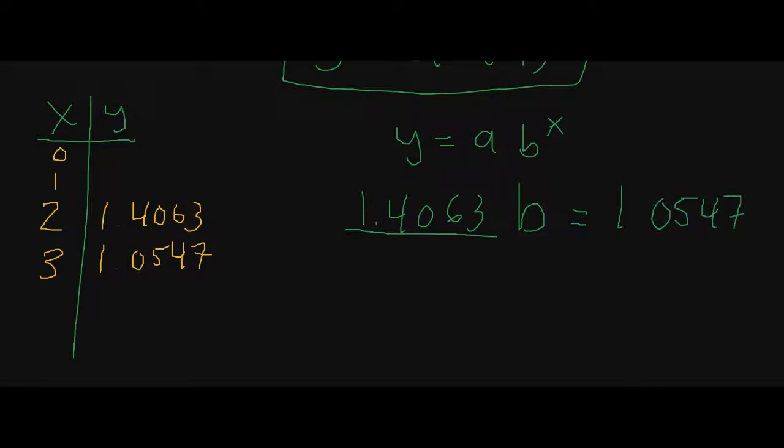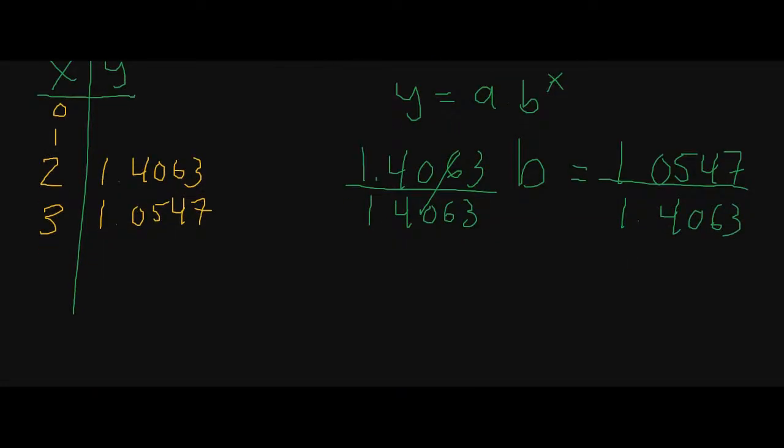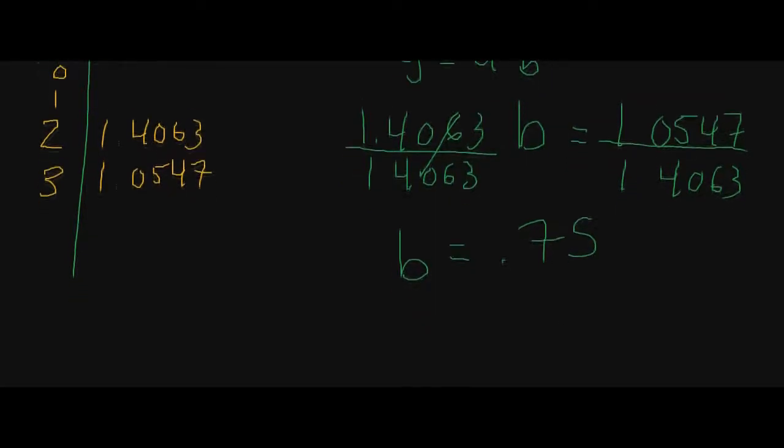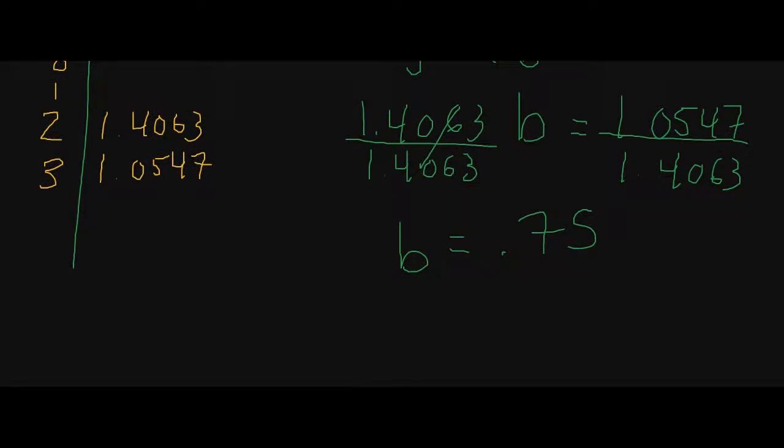All I do is divide 1.4063 to both sides, and we're going to get b is equal to 0.75. There we go. So we now know that our equation is y is equal to a times 0.75 to the x.